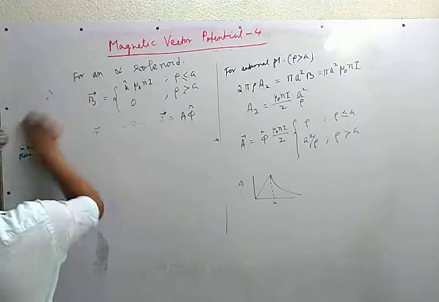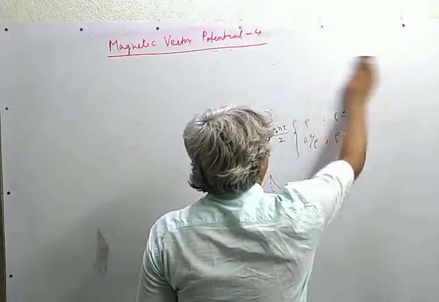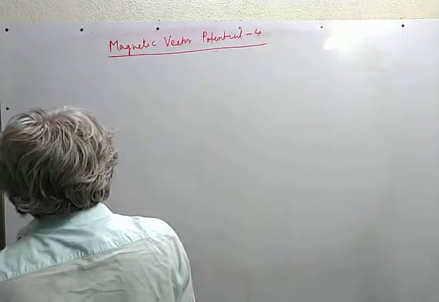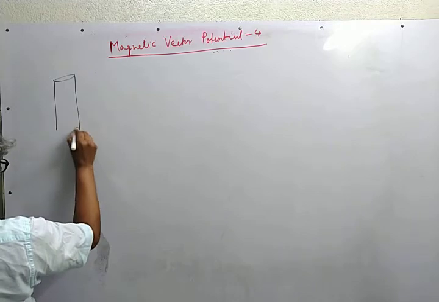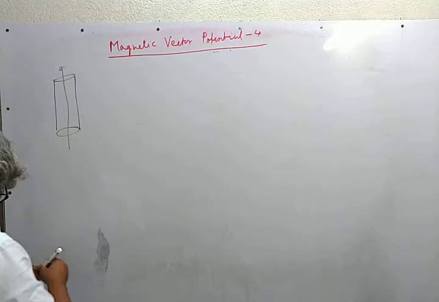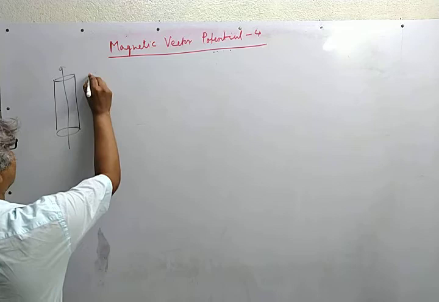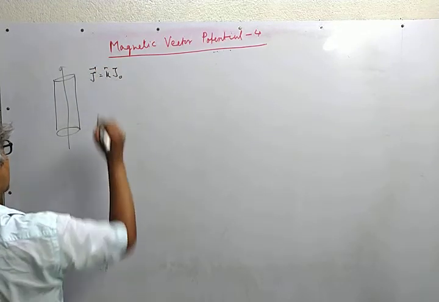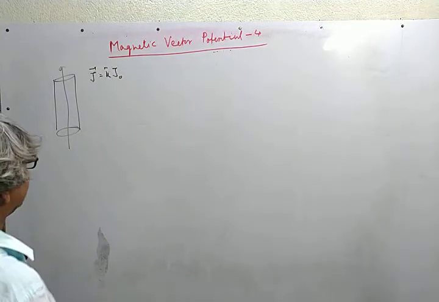As the last example on the calculation of vector potential, we consider an infinite cylinder of radius A, which carries a uniform current density, a volume current density J equal to k cap J0 with J0 constant. Our aim is to find the vector potential.